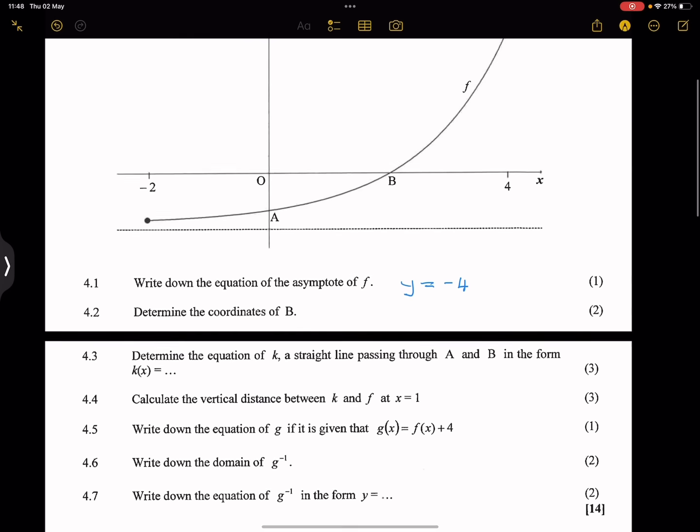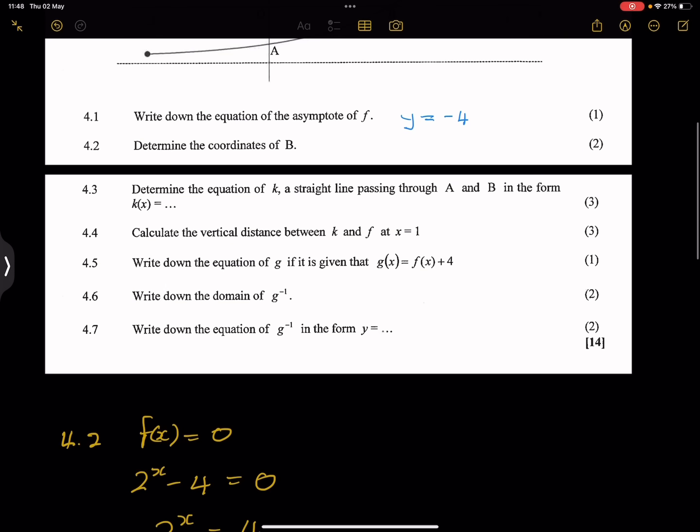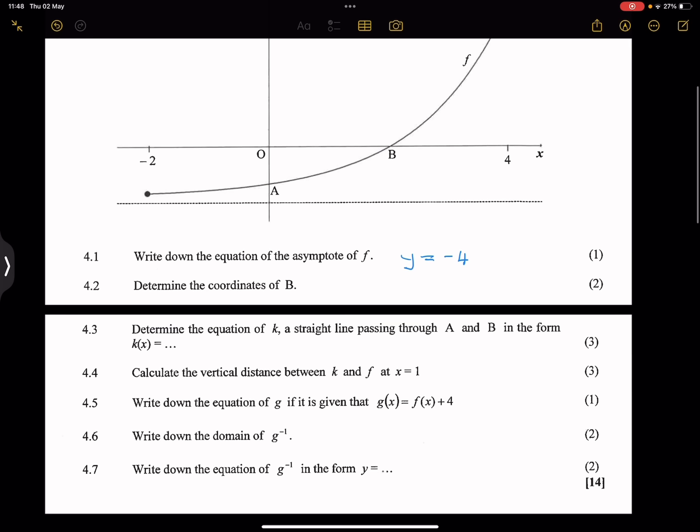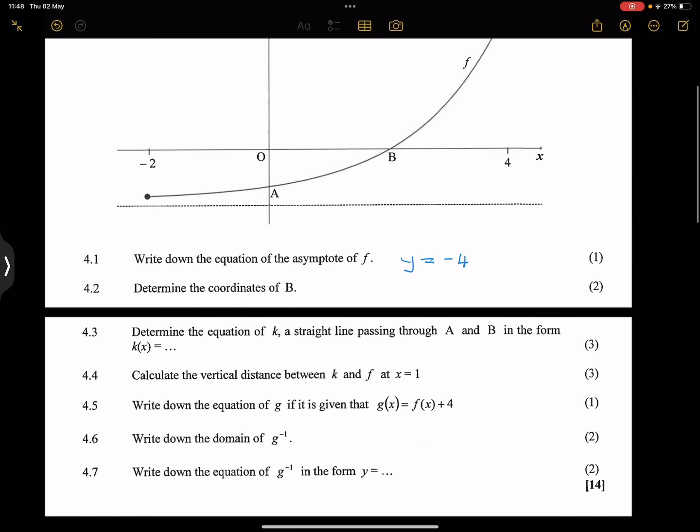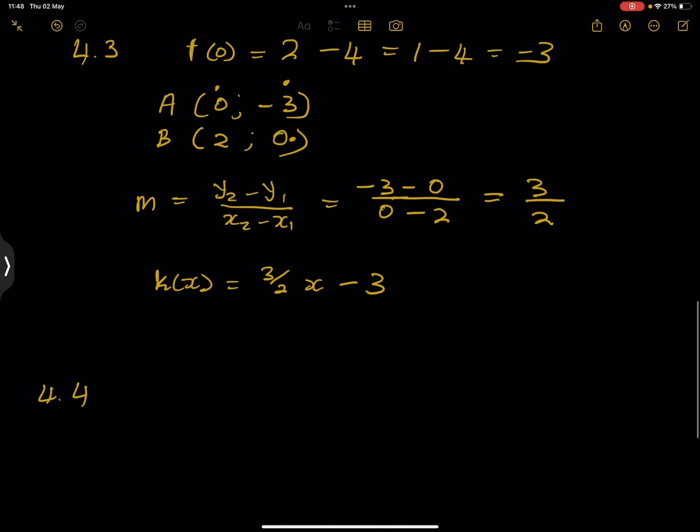So 4.4, they say calculate the vertical distance between k and f at x is equal to 1. All right, so we've got the vertical distance. So we are looking at the y values. So we're saying k at 1 minus f at 1.